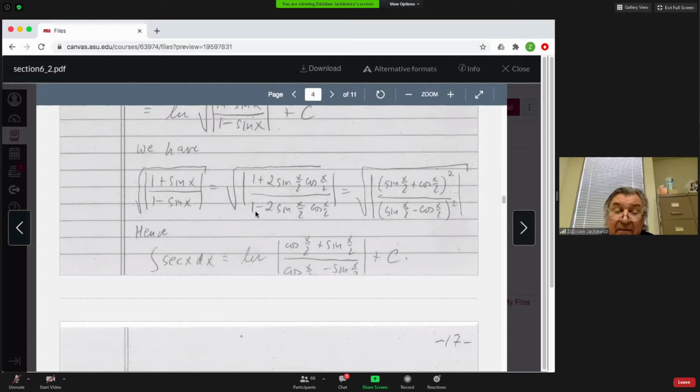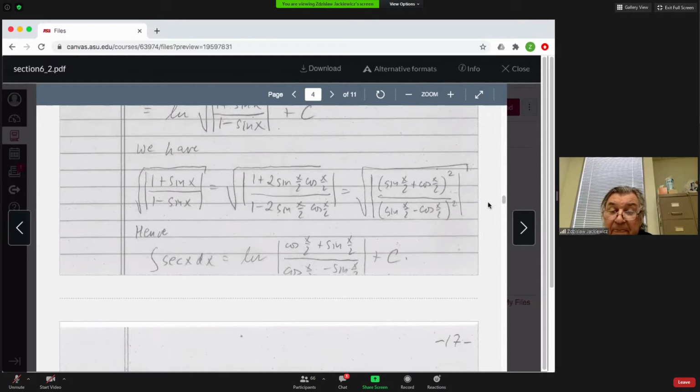Similarly here, 1 minus 2 sine times cosine is sine x over 2 minus cosine x over 2 squared. Check it. It's sine squared minus 2 sine cosine plus cosine squared. Again, sine squared plus cosine squared is 1, and we are getting 1 minus 2 sine cosine. So that's the same thing.